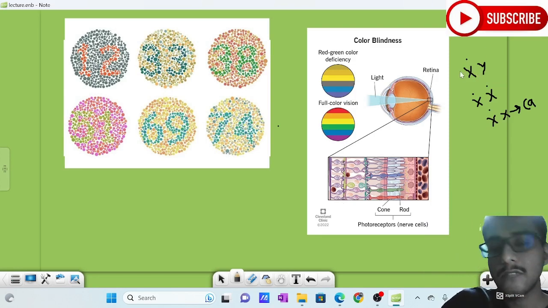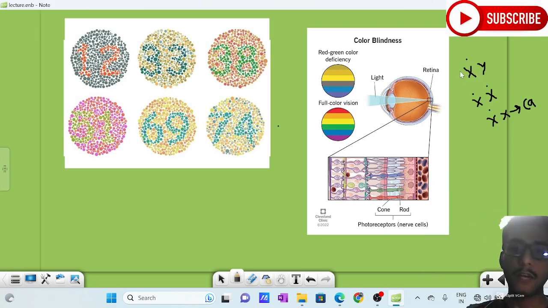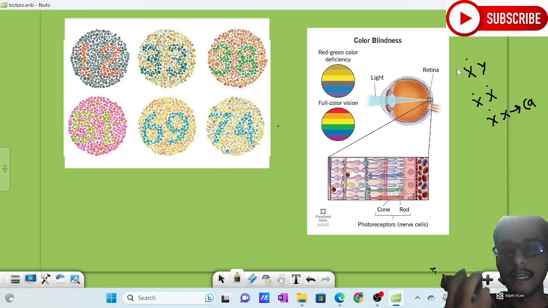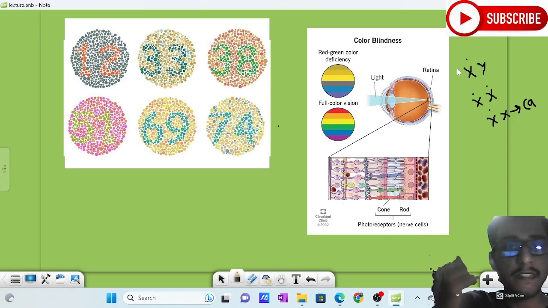So in case of color blindness, we know that color is perceived by our eyes, right? We can sense it by using our organ, which is the eye. In the retina portion of the eye, inside the retina, there are certain light perceiving cells, or light receiving cells.